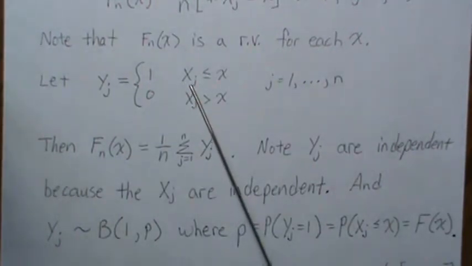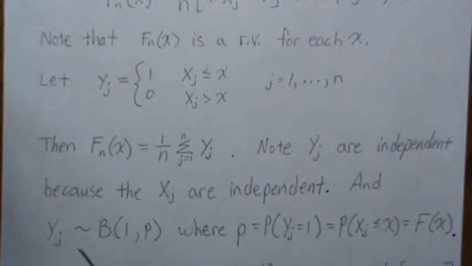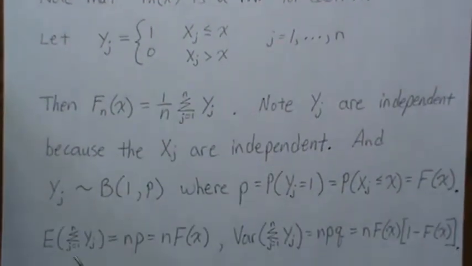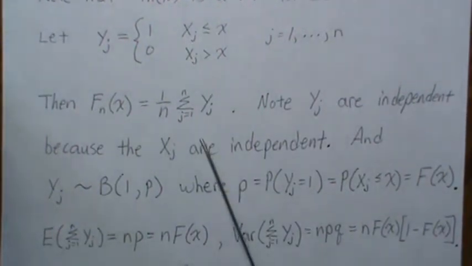To be a 1, it's the probability that x_j is less than or equal to x. Well, that is how we define the population CDF. So the y_j's are Bernoulli with p, where p is the population CDF.